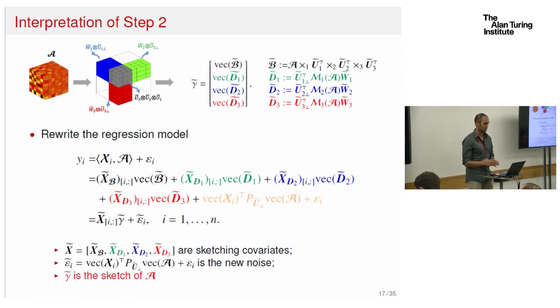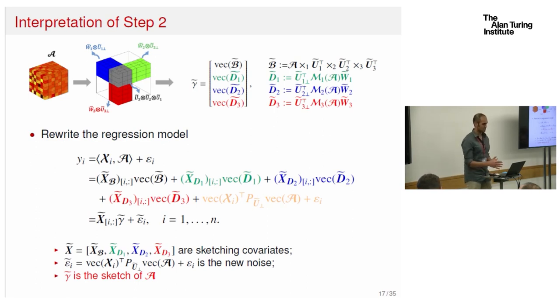B is the core, and D1, D2, D3 are the arms of this tensor. We can represent it this way with an additional term in the noise. You can see that the noise has changed a little bit due to the orthogonal projection of the U's. So it's very critical that we have a low rank assumption here to make sure that the noise doesn't blow up.